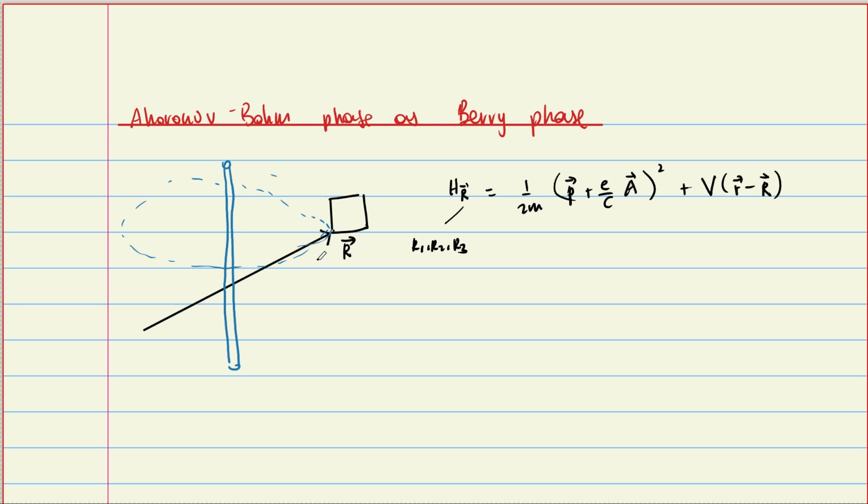So the corner of the box is R, and the location of the electron is r, and this little distance is r minus R. So this is the box potential we trap the electron in, and the electron can never go out of the box, and the flux is completely constrained inside the tube, so there should be no classical magnetic field influencing the electron.